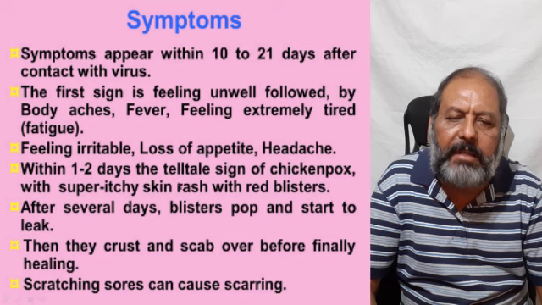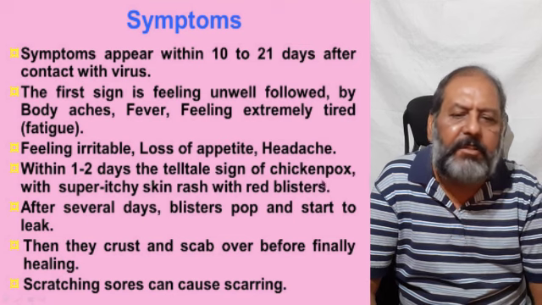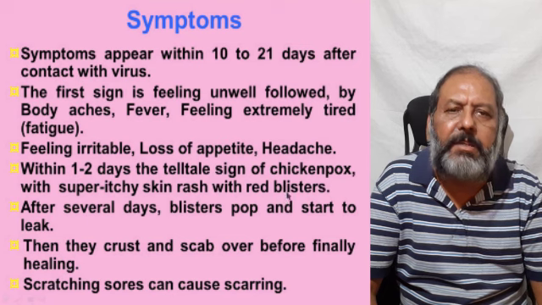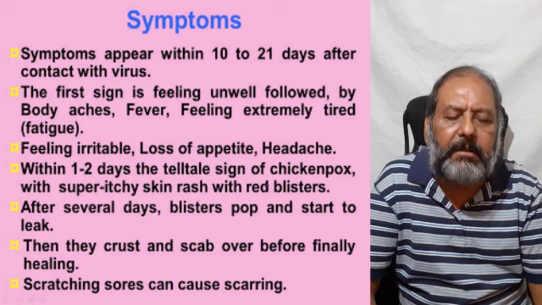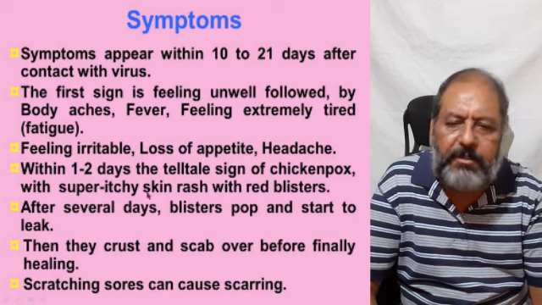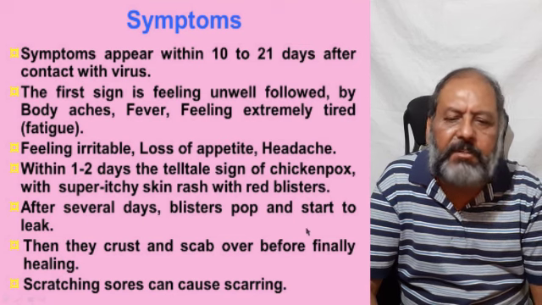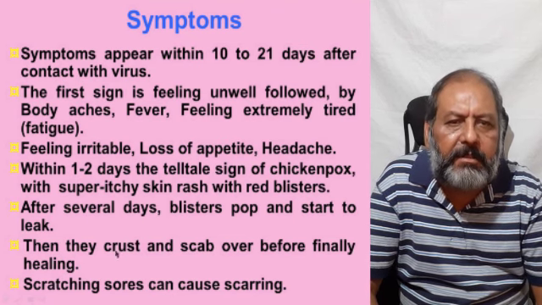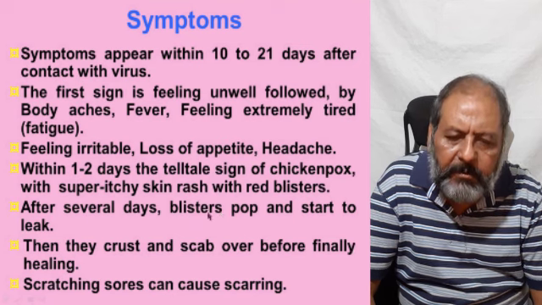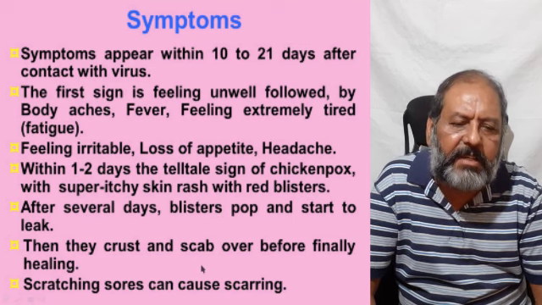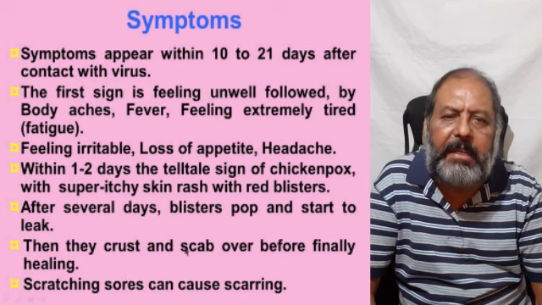Within 1 to 2 days, the telltale sign of chickenpox, super itchy skin rash with red blisters, appears and confirms that it is chickenpox. After several days, blisters pop and start to leak, discharging the fluid which these blisters have. Then they crust and scab over before finally healing.